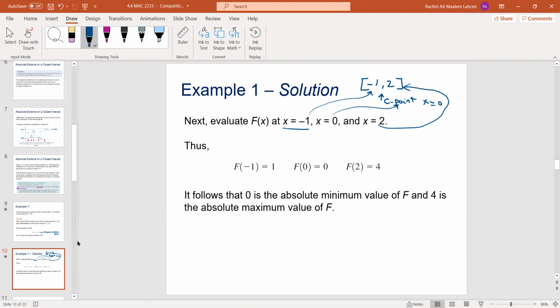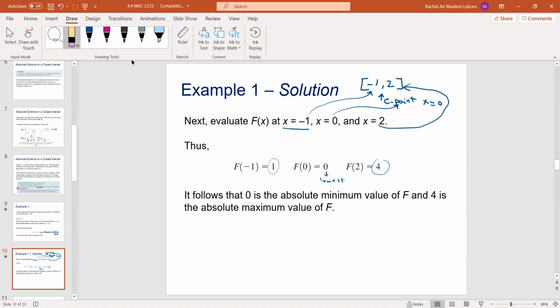It follows that 0 is the absolute minimum because that's the lowest value of f, and 4 is the absolute maximum, the highest. This y value is the highest, and this one is in between, so it's not the maximum and it's not the minimum. And 4 is the absolute maximum value of f.